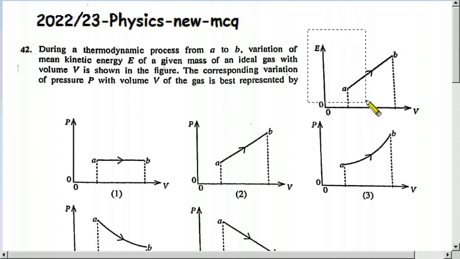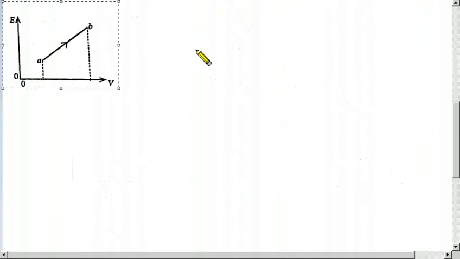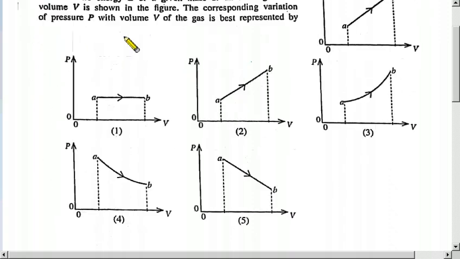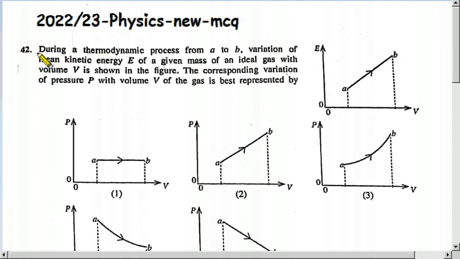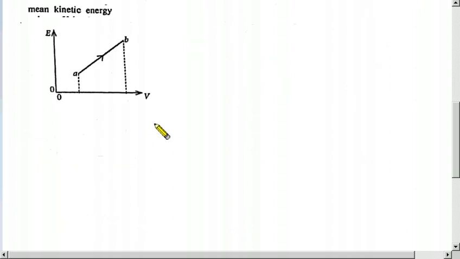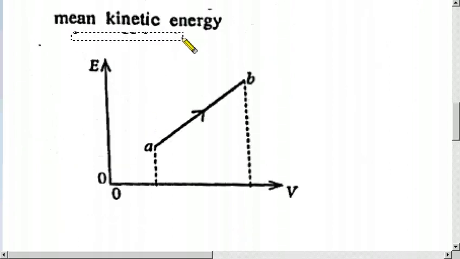So to solve this problem, let us first take this given graph here. What is this capital E? They say that it is the mean kinetic energy. The first thing we can see in this graph is that the gradient is constant everywhere.